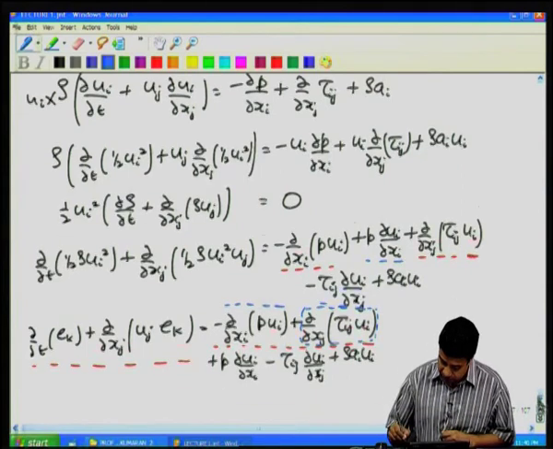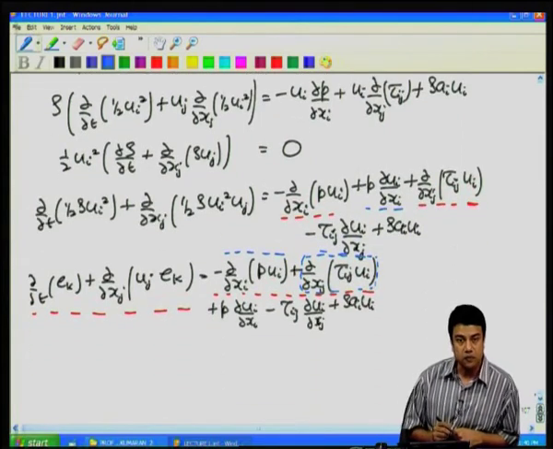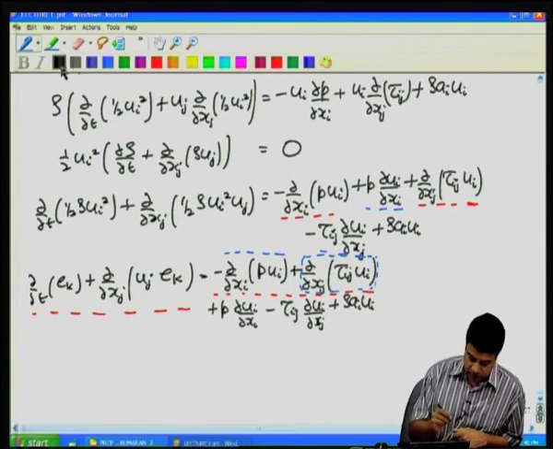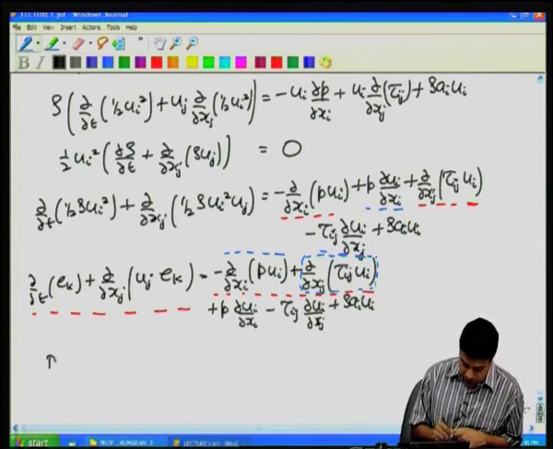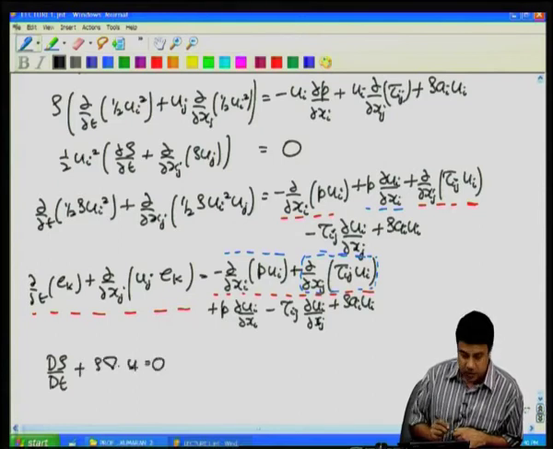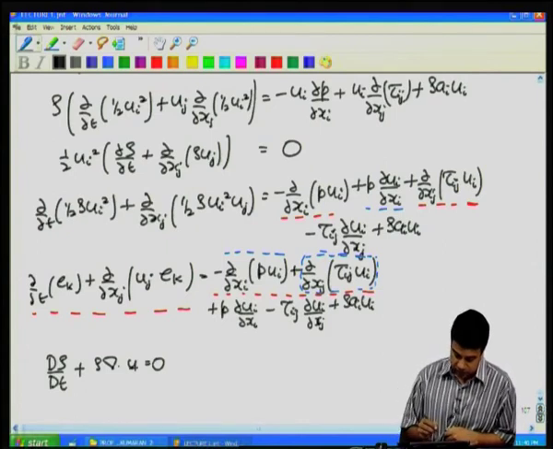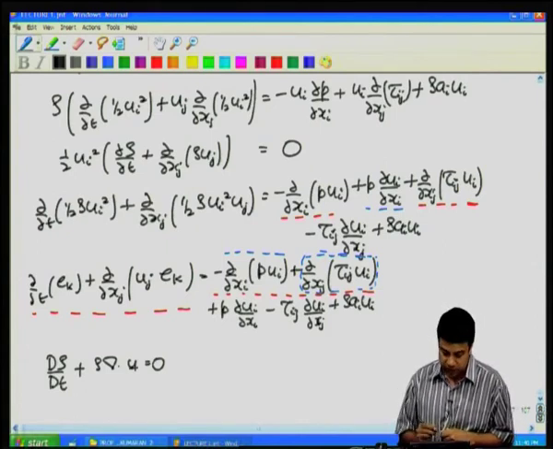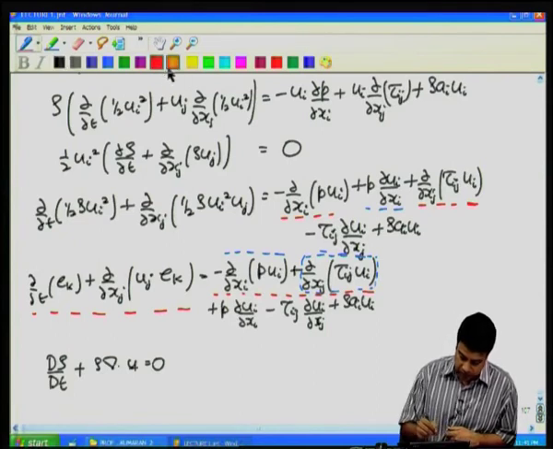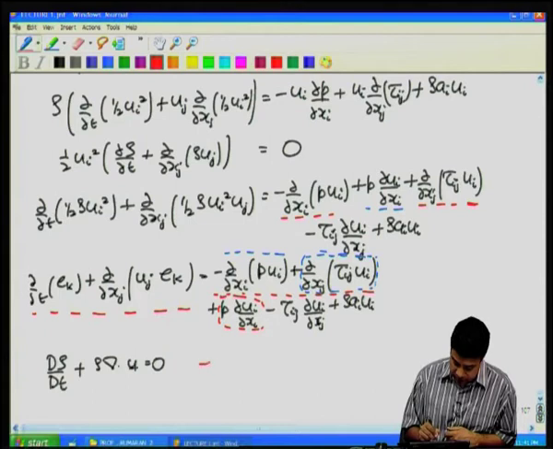For the general compressible fluid, the mass conservation equation that we had was d rho by dt plus rho del dot u is equal to 0. That means that del dot u is equal to minus 1 by rho d rho by dt. So, using that, this term can also be written as minus p by rho d rho by dt.